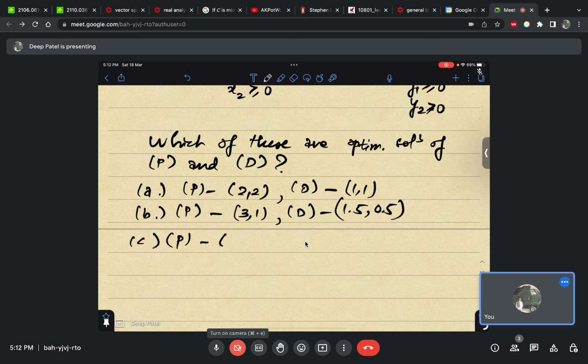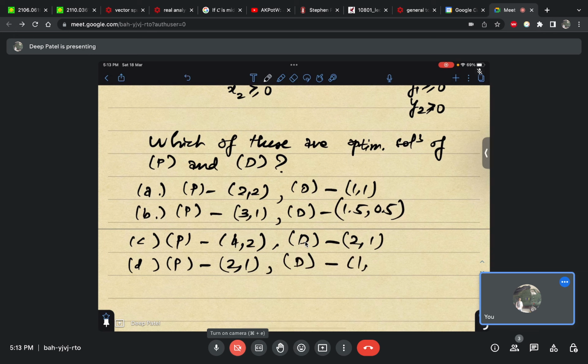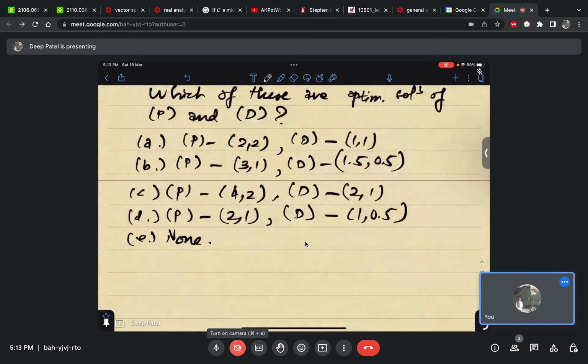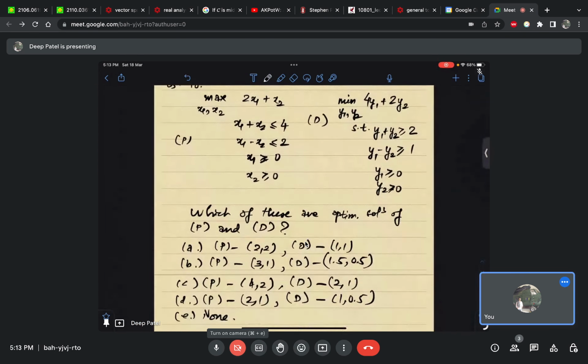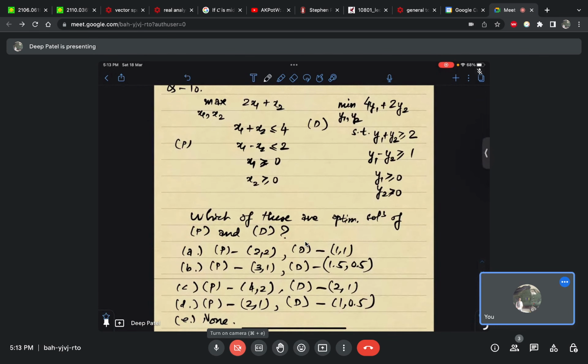For C, primal is 4 2, dual is 2 1. And the fourth option says primal is 2 1 and dual is 1.5, and maybe none. So this is the setup we are given.